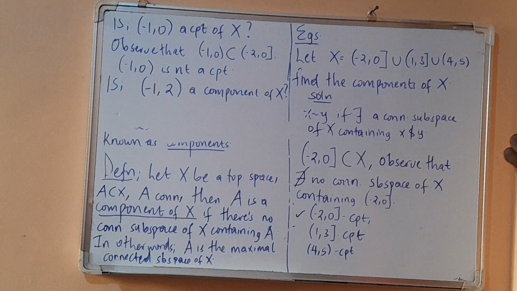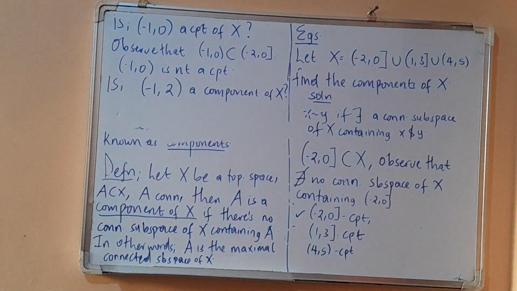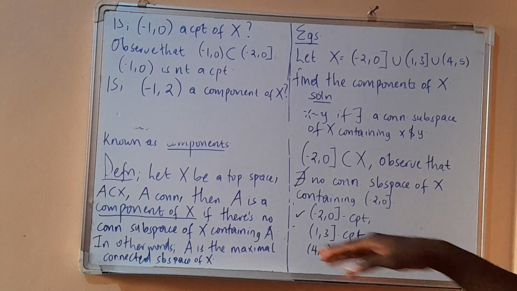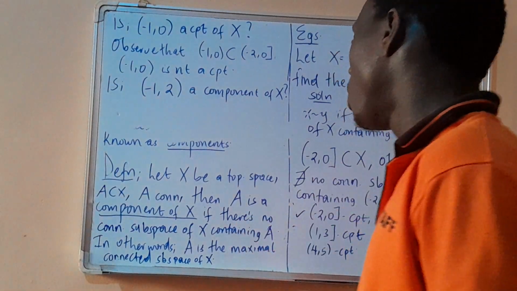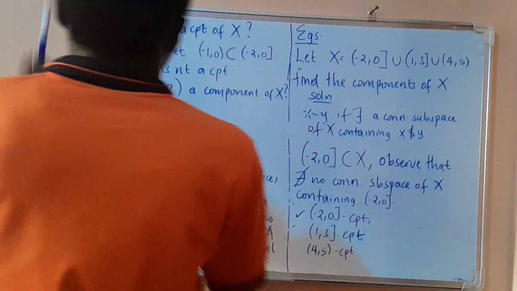First, it has to be connected, and you all agree with me that this is connected. Yes, it's connected. Then we have to make sure that there exists no connected subspace of X containing this.